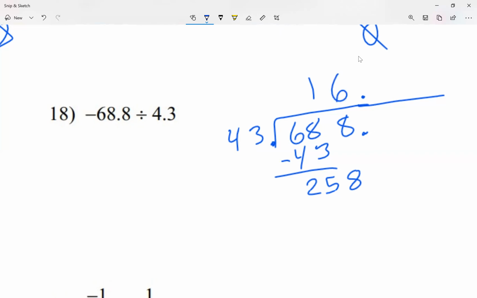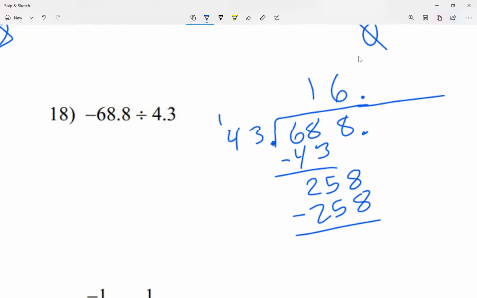Let's see. 6 times 3 is 18. 6 times 4 is 24, plus the one we were carrying is 25, 258. I was supposed to get to 258. Awesome, I got to it. Now, my answer is 16. There's no more numbers. If my remainder was not 0, then continue. Continue as far as you need to go. But I'm going to stop here, 16.